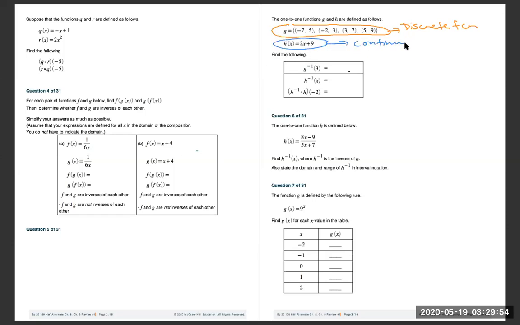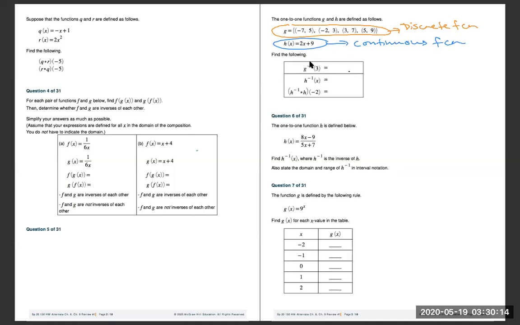So go back to maybe chapter 2 if you still need definitions for that, or you can just ask me. Okay, so discrete, we have a countable number of points in the set. Continuous, we have an infinite number of points in the set.